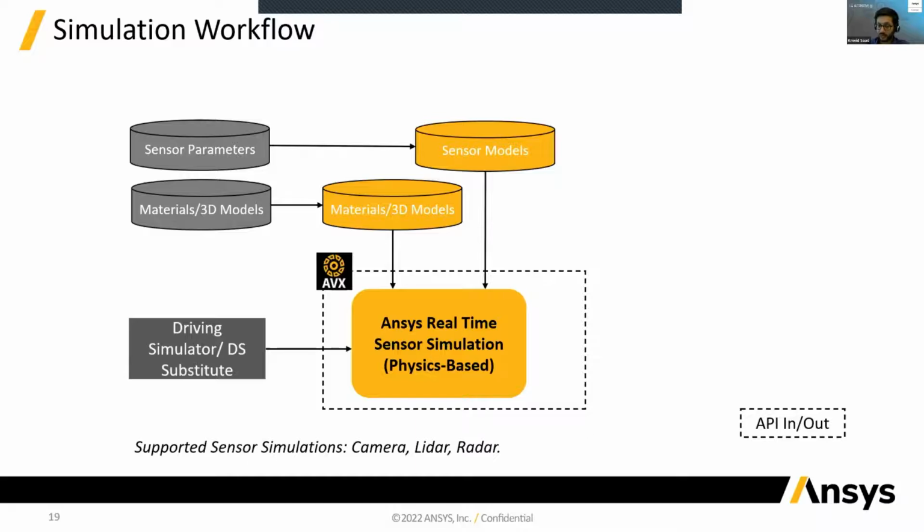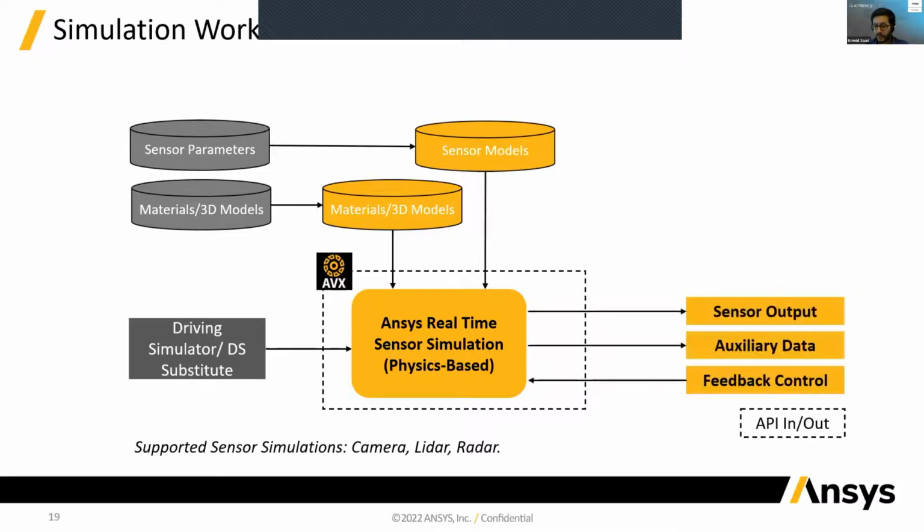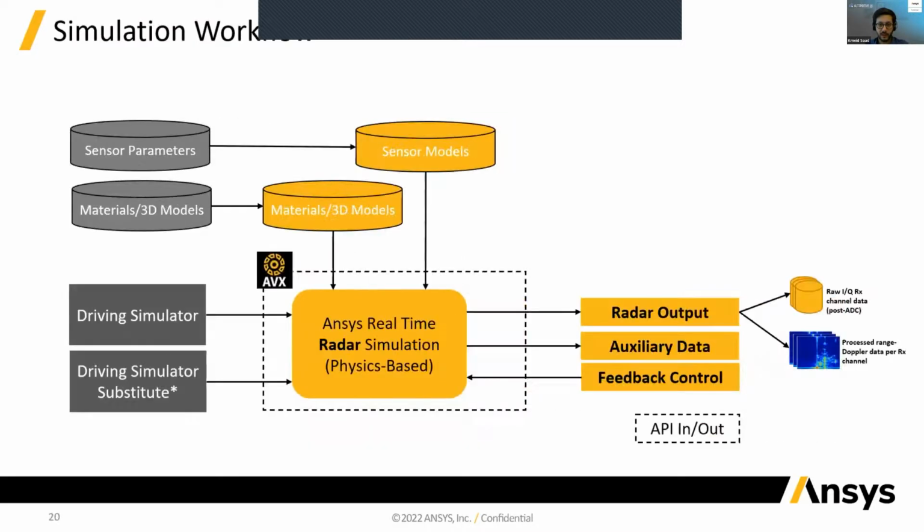So communicate with this sensor simulation tool the actual position, the actual orientation and velocities of each and every model or entity in your system, and finally obtain your sensor output, auxiliary data, which is probably what you will need for labeled data more or less, and feedback control data that enables you also to do some optimization during runtime, some configuration.